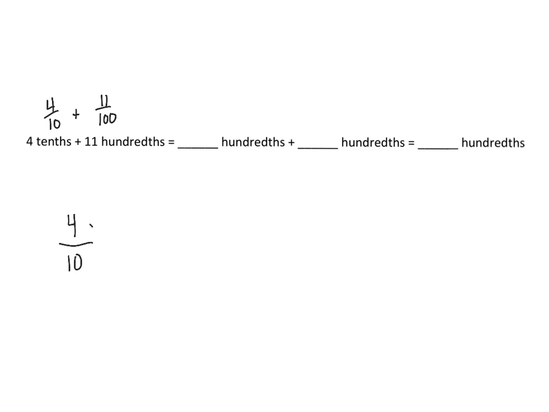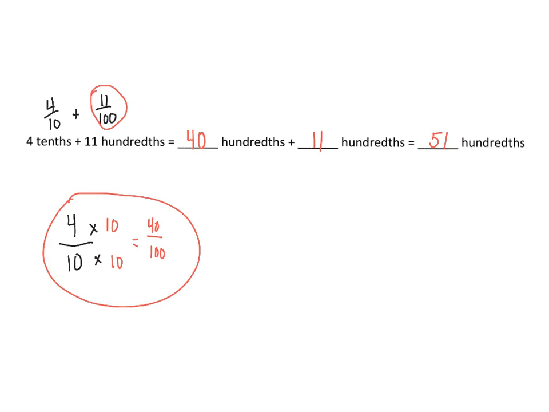To get to the hundredths, I'm going to multiply the top and the bottom by 10. And I'm going to get 40 hundredths. So in the unit form, we'd write 40 hundredths plus 11 hundredths, because that's what you had up here, added together gives us 51 hundredths. Again, I'm using the standard algorithm to figure this out, and we're doing that by multiplying the top and the bottom by 10.